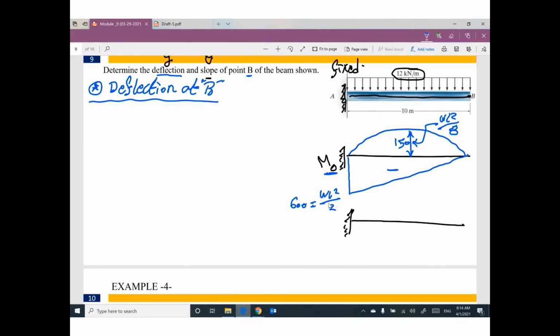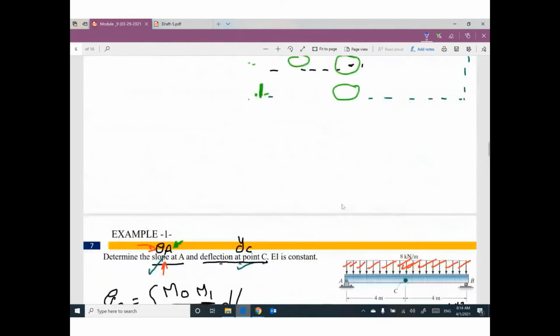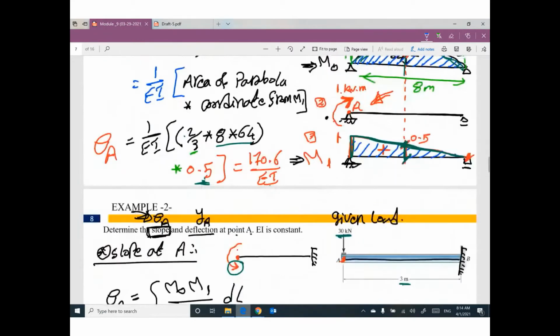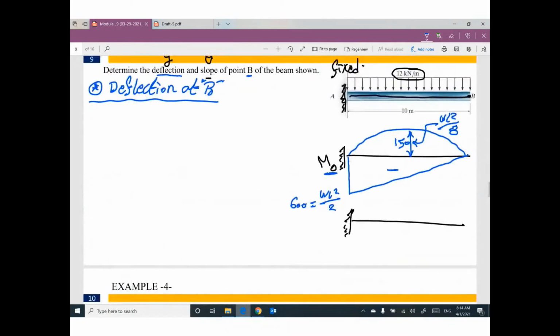Just as a reminder, if you would like to figure out the value of deflection, go ahead and put a unit load. So I will remove everything at point B and put a unit load of 1. I will assume this unit load goes down, but it's up to you.